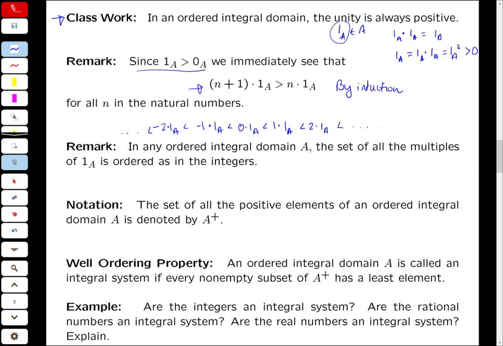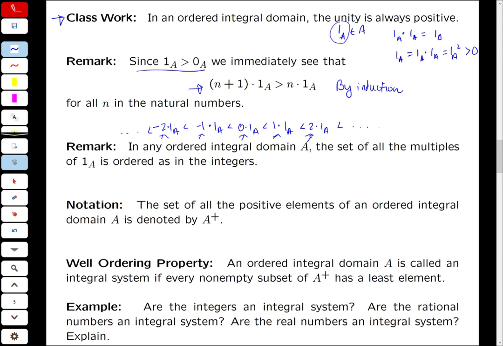So it's ordered like the integers. You have negative 2, negative 1, 0, 1, 2, and so forth. That means that there's an infinite number of them because there's an infinite number of integers. So there's another argument for why your ordered integral domain has to be infinite. It cannot be finite.